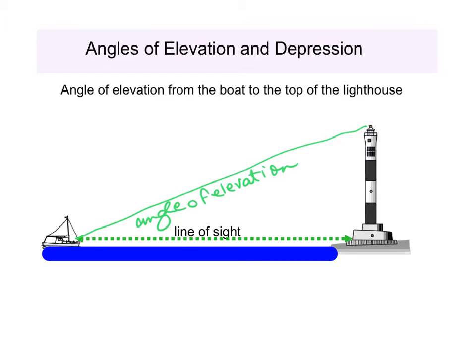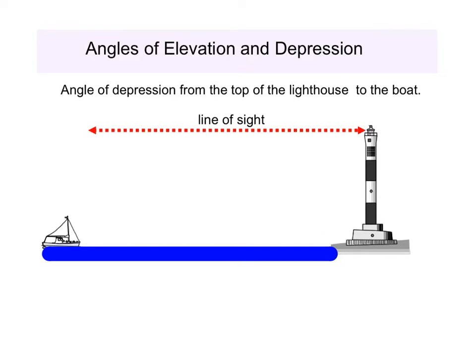The angle of depression is measured from the top looking down. So if you look at your lighthouse, this time we're going to look with the line of sight horizontal. So you can imagine someone is up here in this lighthouse looking straight out. The angle of depression is what you see when you look down, and this is the angle of depression.